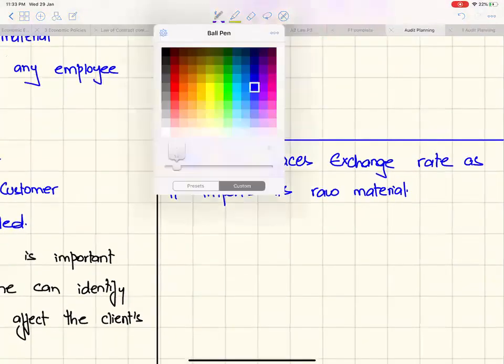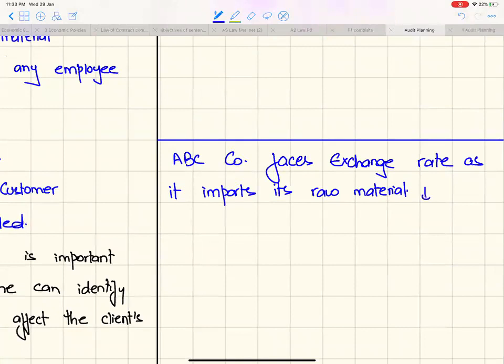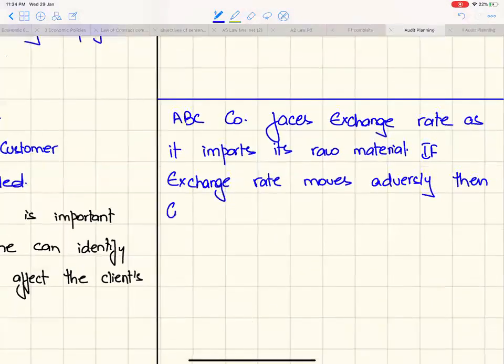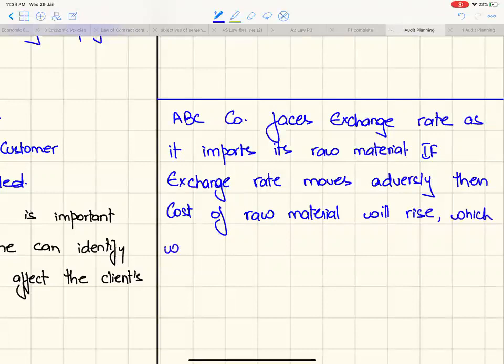Now see, what is the impact of exchange rate risk? If exchange rate moves adversely, then cost of raw material will rise, which will reduce profit margins.